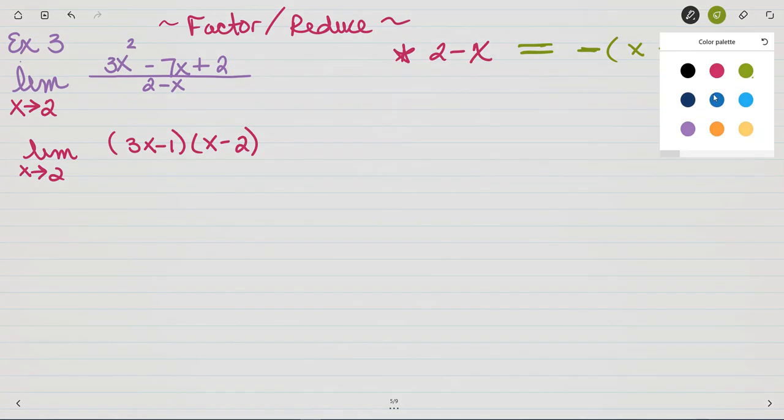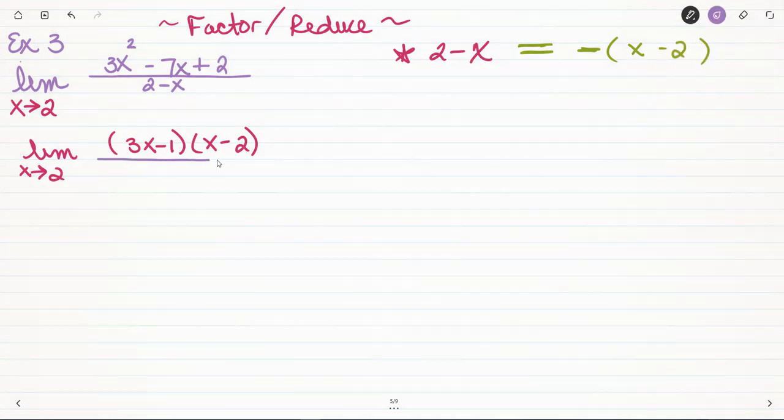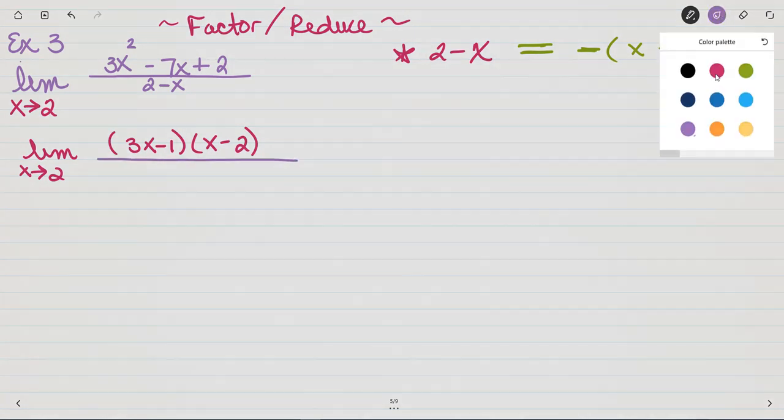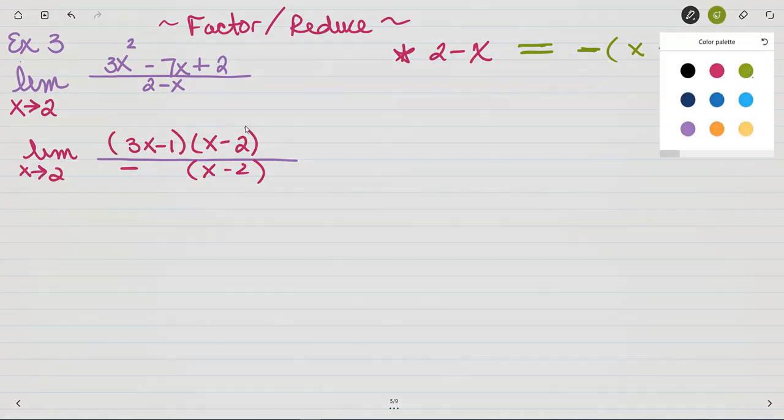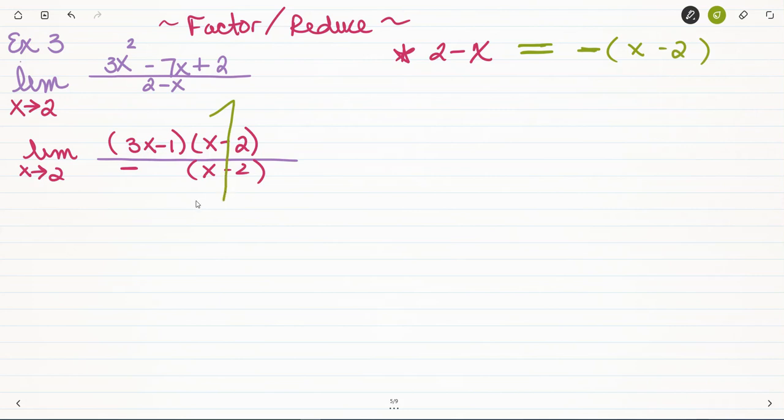So I can write this all over the opposite of x minus 2. Do you see where we were going with that? When we factor that, we see this x minus 2 over x minus 2 reduces out, because x minus 2 over x minus 2 is just 1. So what are we left with?